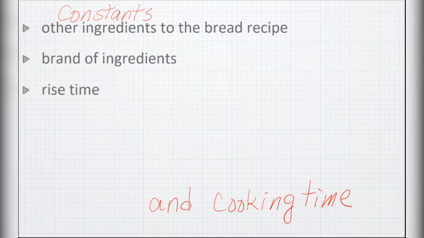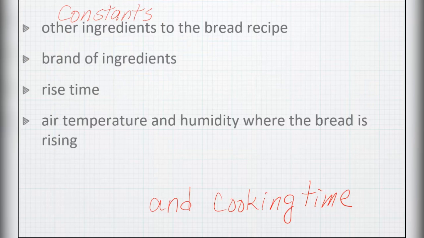Rise time, like how long you leave the bread in the oven, you will not change it. Temperature, humidity, where the bread is rising, because he is conducting his experiment in the same area where his grandmother does.